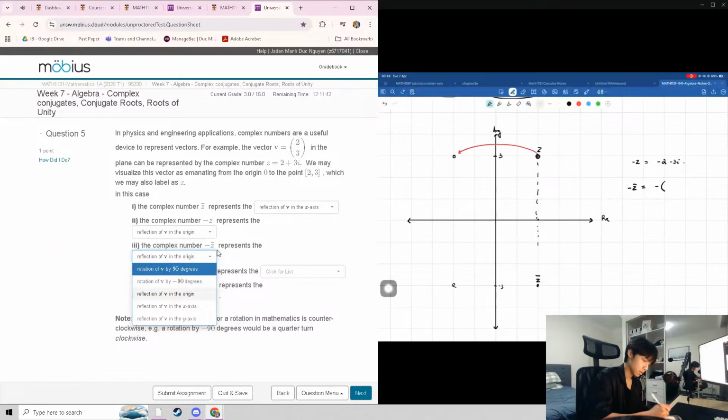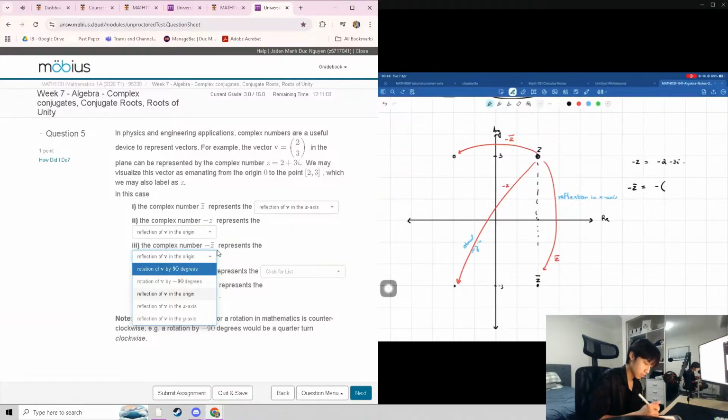So from z, this gets me that. This gets me that. So this itself is reflection. Okay, I'm gonna write reflection in x. This is about the origin.